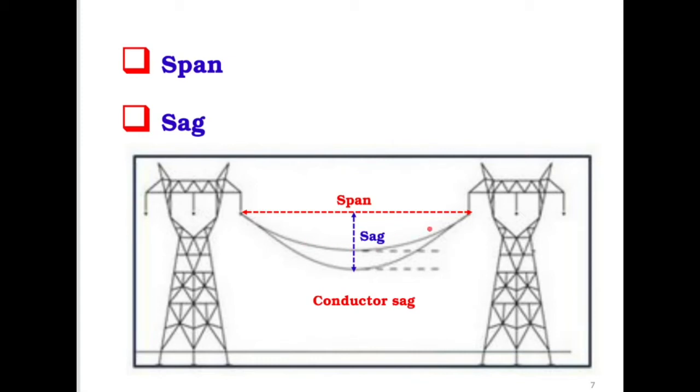The conductor will sag. There will be a dip or sag for various reasons. The first reason is that the conductor has its own weight. And the conductor weight comes from what?